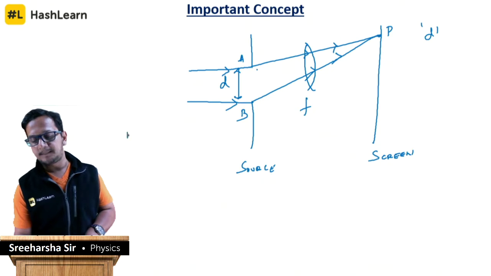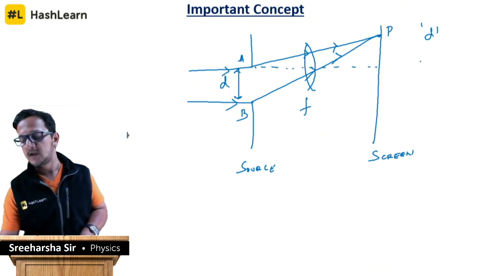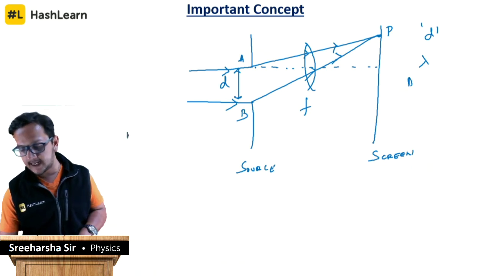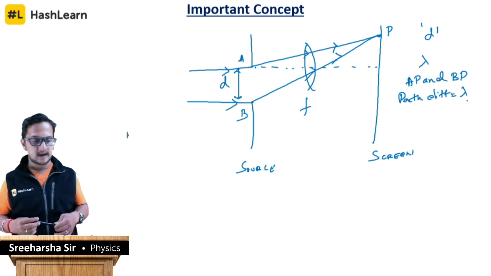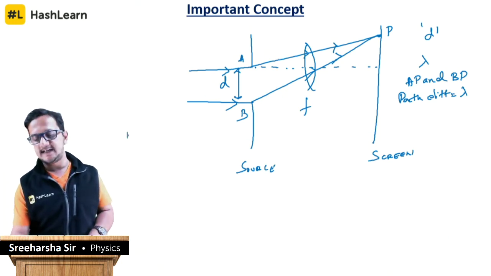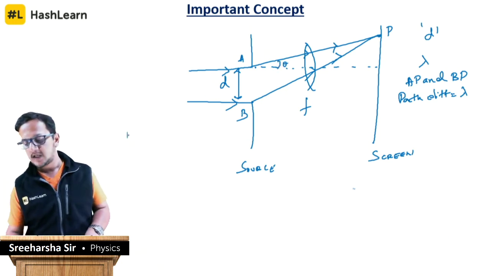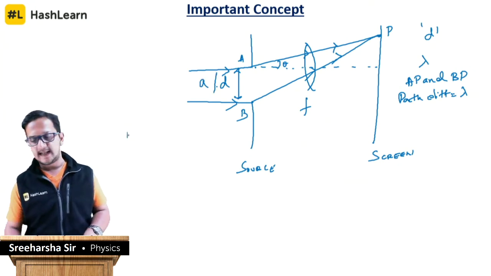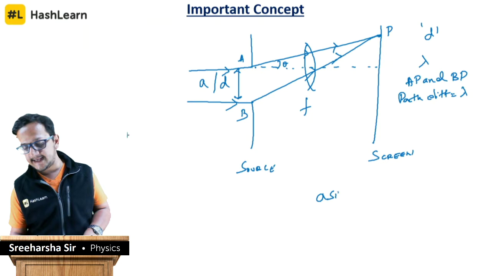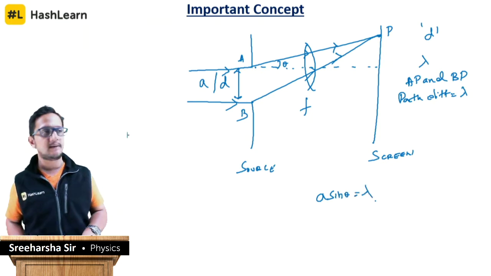Let us say the path difference between AP and BP is equal to lambda. So from this we will have the condition. This is angle theta, and a is the slit width.